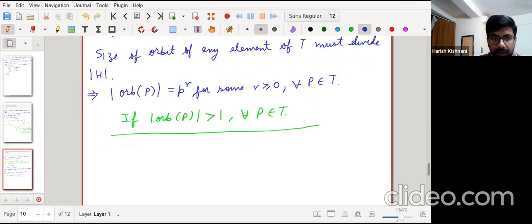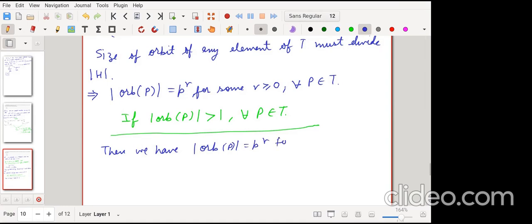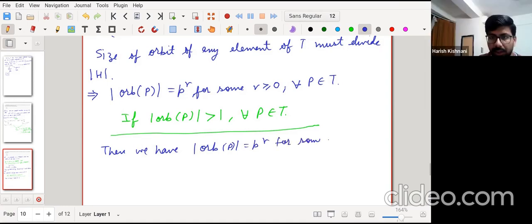When we have the orbit of p, again P raised to some power r, now we can choose r greater than 0, or greater than or equal to 1 simply. That's for all P in T.